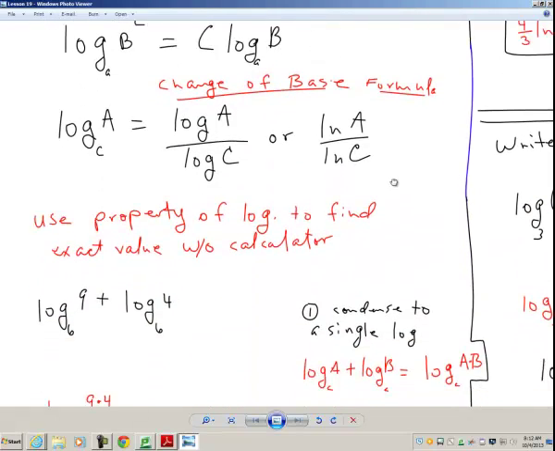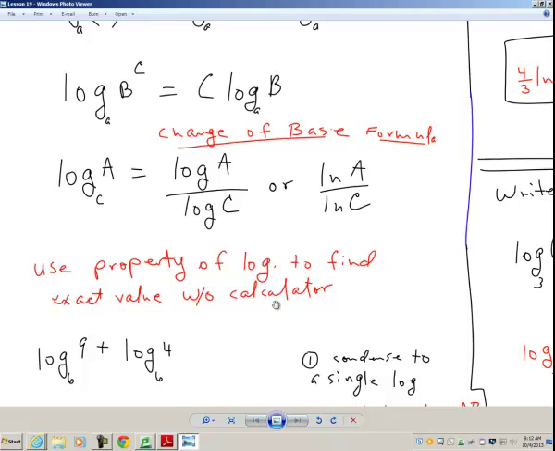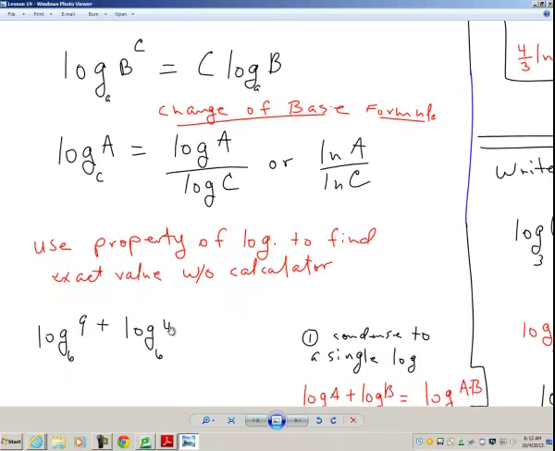Okay, so we want to use the properties of logarithms to find the exact value without a calculator. Here we have log 9 base 6 plus log 4 base 6. Well, you can't cancel here, right? You can't use the properties of logarithms as is. But maybe if we condense it, we can.